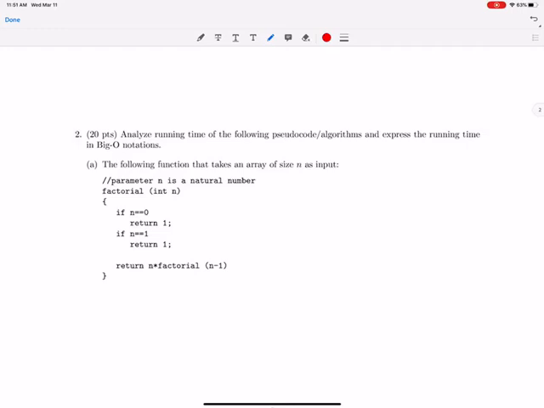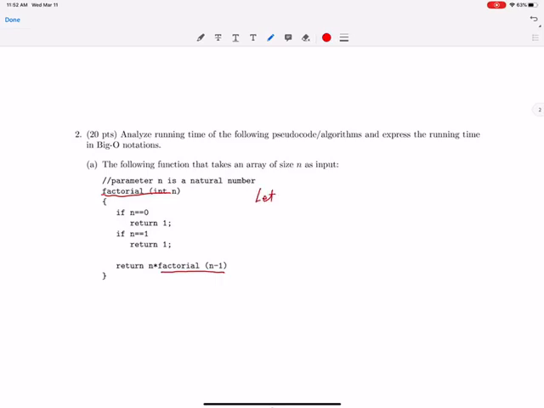First question. We have a function, and you can see immediately that it is a recursive function. Whenever you have a recursive function, you will be writing a recursive formula for the running time. So I highly recommend you define the function.